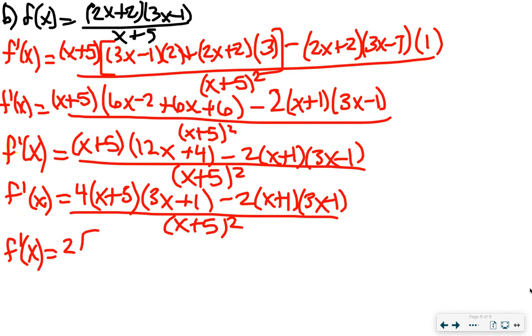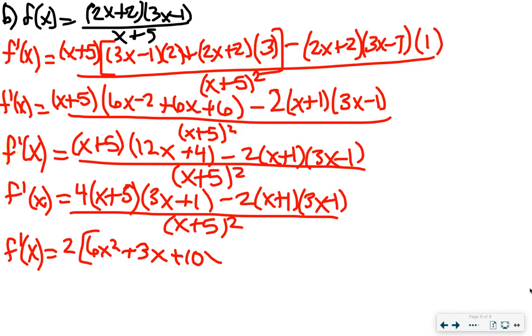So I'm going to take that 2 out, and then I'm going to expand all this stuff. So if I take 2, okay, so 6x squared and what do I get? Plus 32x plus 10x.